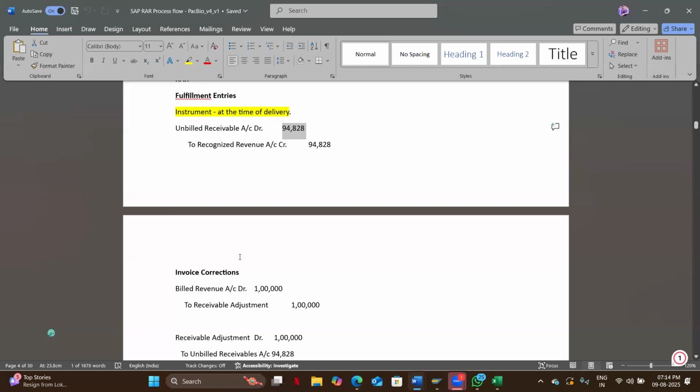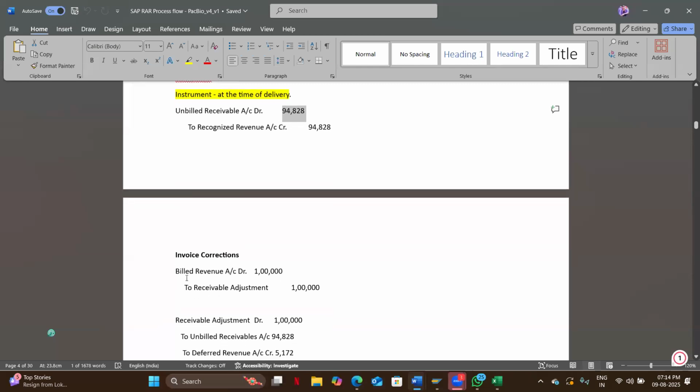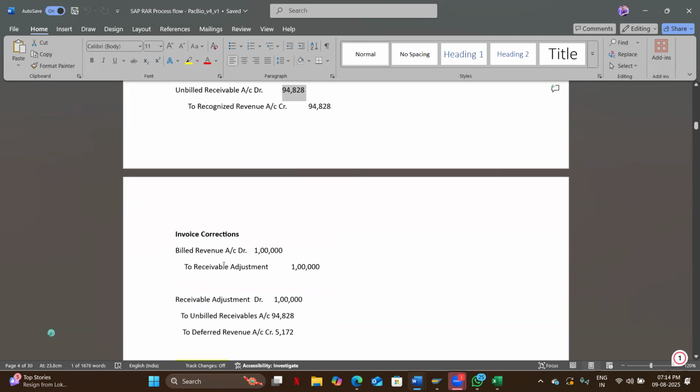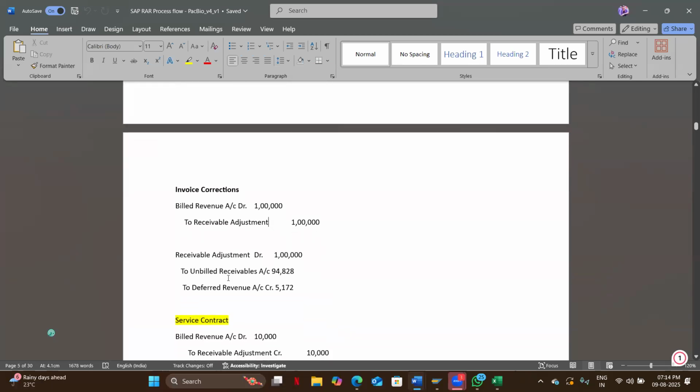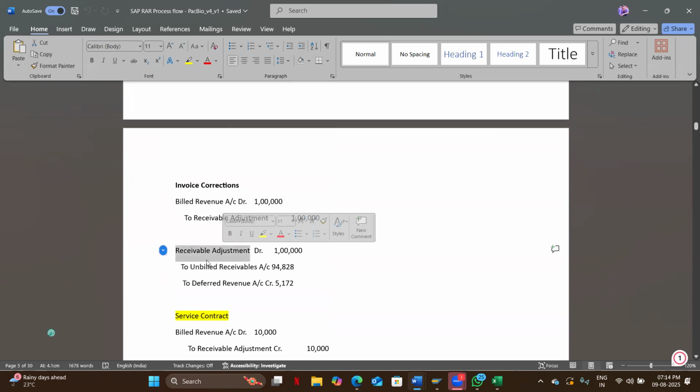After that they get the invoice, for the full amount. So here you can see how much the invoice came for. The billed revenue is 1 lakh, they got 1 lakh, and the revenue adjustment went to the revenue adjustment account. Whenever an invoice comes, it first goes to the revenue adjustment account. After that it goes to two accounts, one is unbilled revenue.